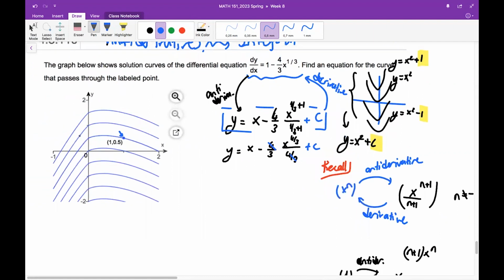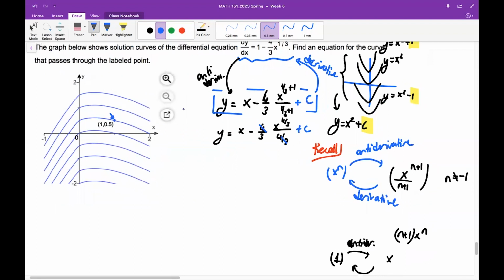And there is a detail in the statement, that our curve will pass through this point. And by using this information, you can easily solve for c. So let's use our information to solve for the arbitrary constant c at the end. Okay, so we solved the original function as x to the power 4/3 plus c.